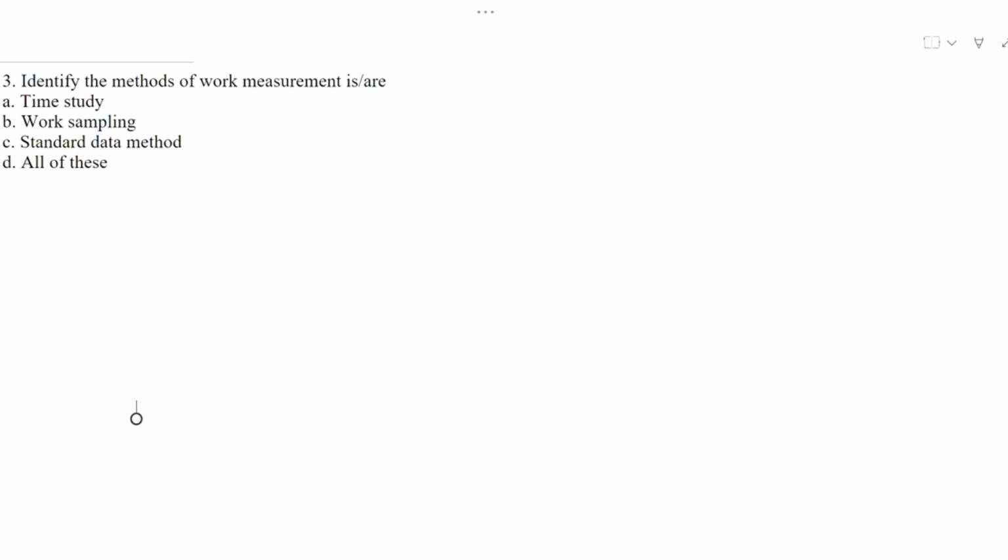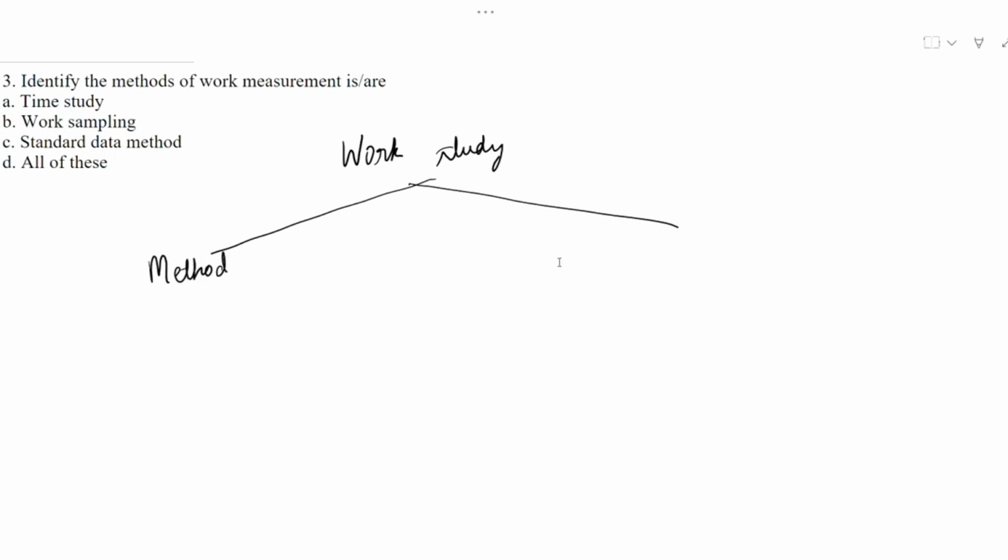Now, okay, so work study, as we discussed, we'll again go through this concept as it is important. It consists of method study and work measurement.